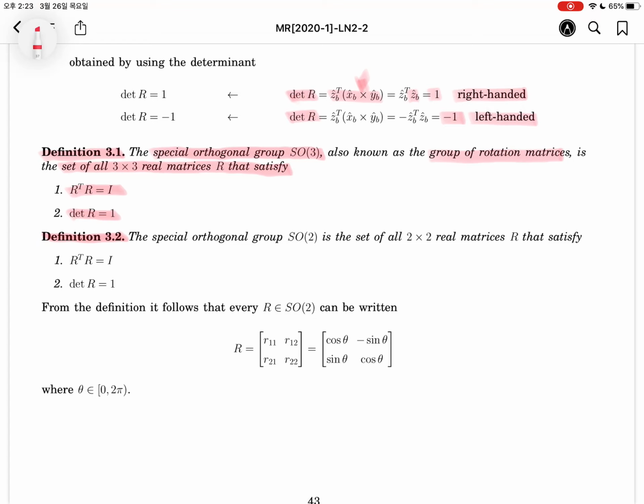By satisfying these 2 conditions, we can define SO(3) or SO(2). SO(2) implies 2-dimensional rotation matrices.